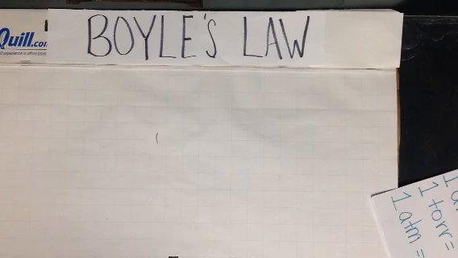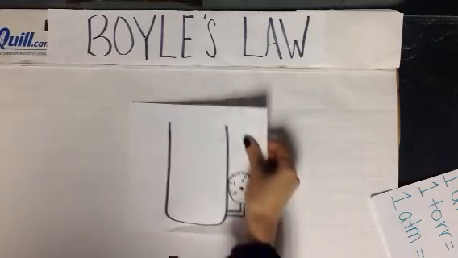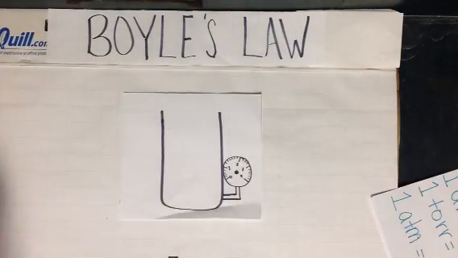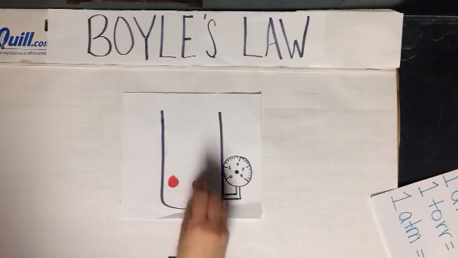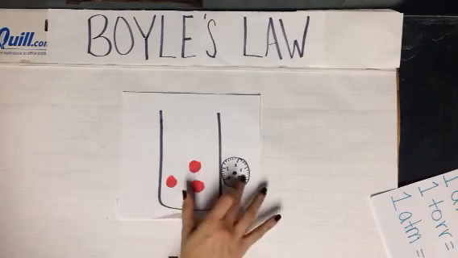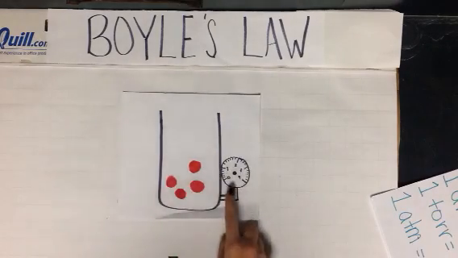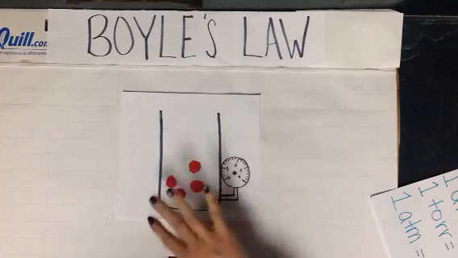What Boyle's law says is that if you have a beaker here full of gas, so let's put some gas inside of this beaker. Okay, if we have some gas inside this beaker, and if you notice here on the side, I have something new attached. All this is a pressure gauge. It measures pressure.